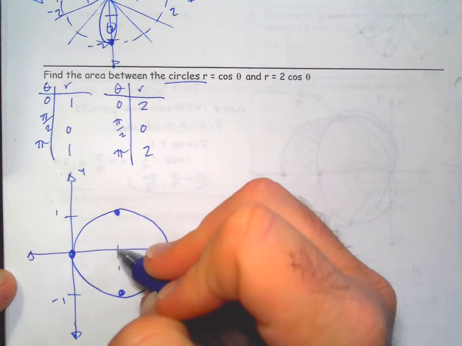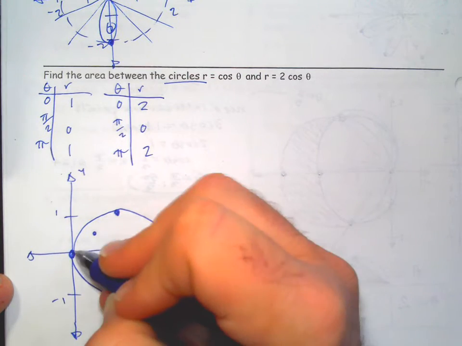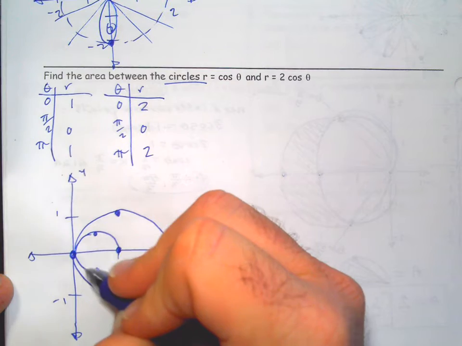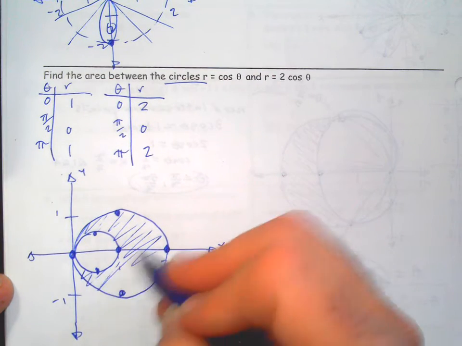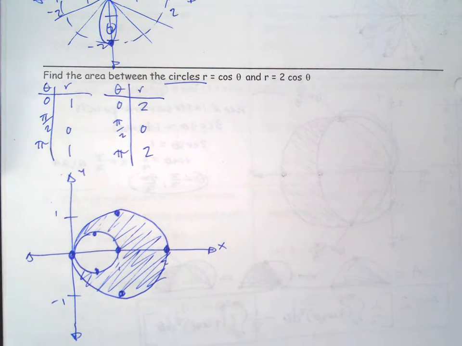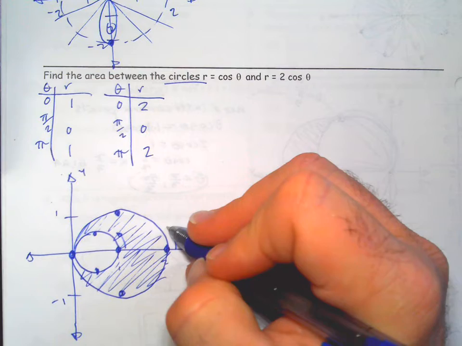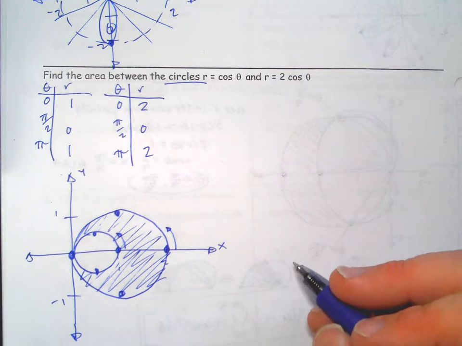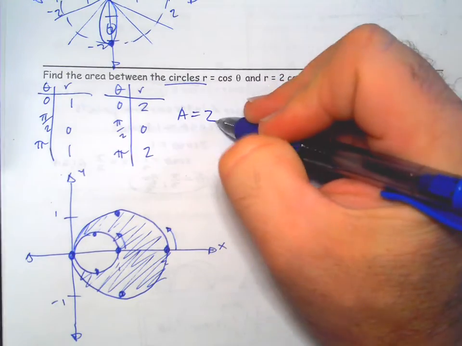The smaller one is 0, 1, goes to here, radius of 1/2. And so it looks like this. So the area in between them, I would say they're talking about this. Now both graphs start here and they move that way. It's kind of good to know where they start. And so what we could do is just use symmetry and just do half of it.